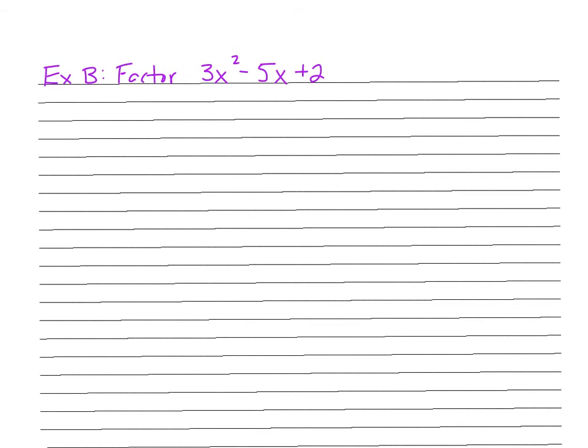Step 1 is I'm going to multiply those two. So I need to figure out what multiplies to get 6 and adds to get... hold on, because we have to multiply the 3 and the 2, because there's a number in front of x squared.